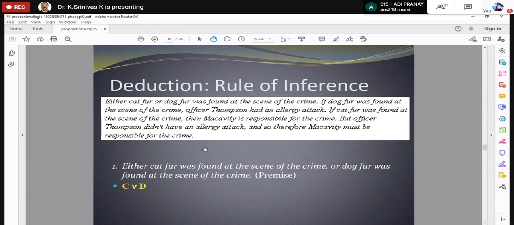The name of the police officer is Thompson, and there is a criminal in most of the scenes. His name is McAvity. The police officer name is Thompson, and the criminal name is McAvity.